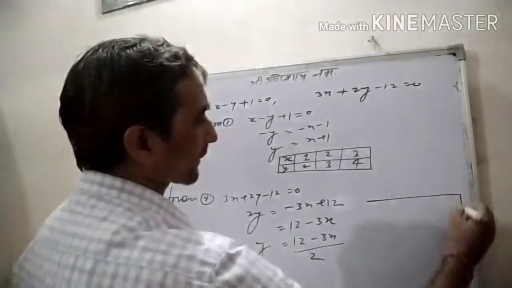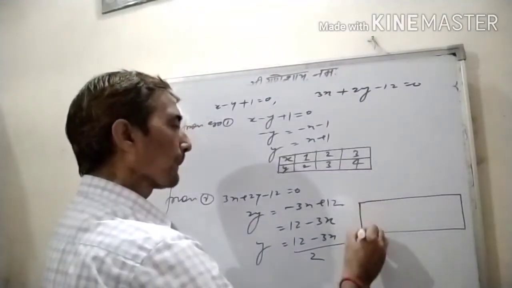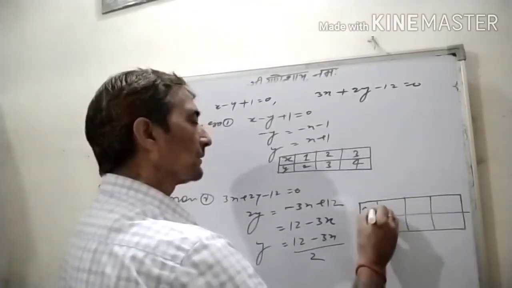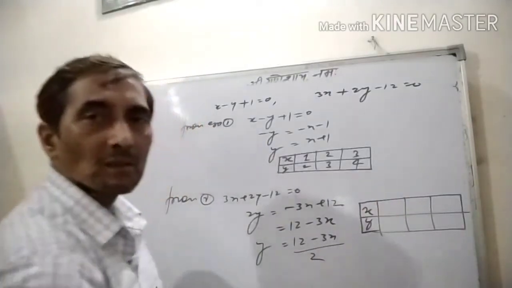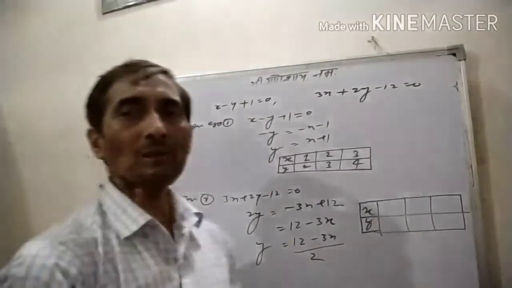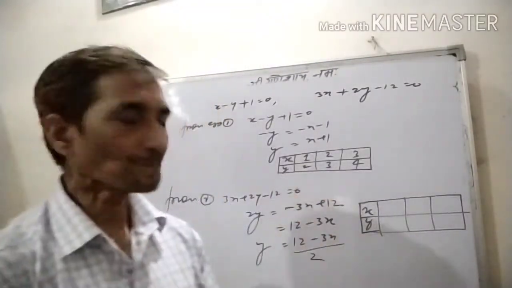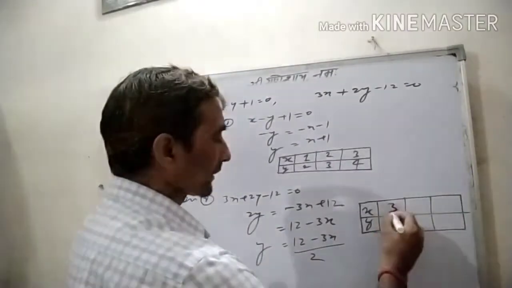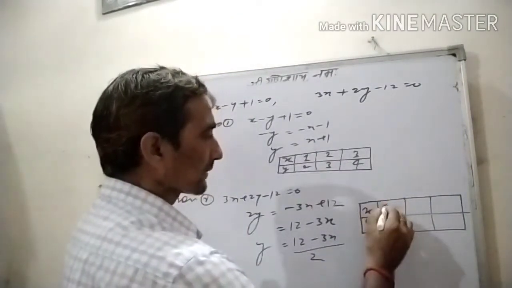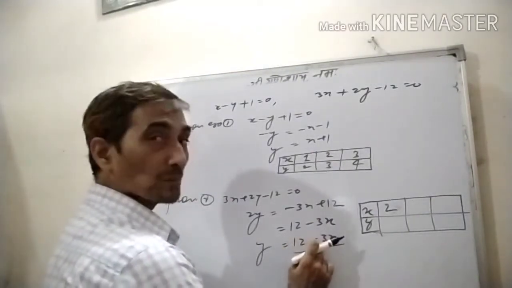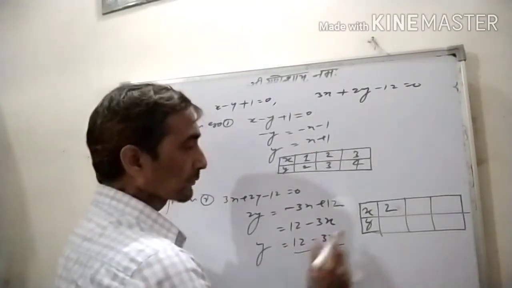Again preparing a table, just like this, take values of x and after calculation you will get the values of y. Just like if x is equal to 2, 3 times 2 is 6, 12 minus 6 equal to 6, 6 by 2 equal to 3.